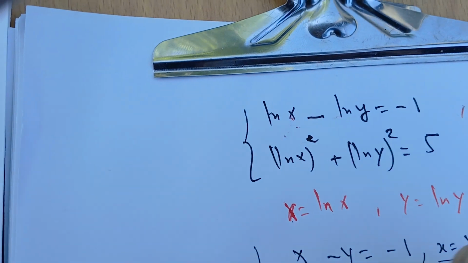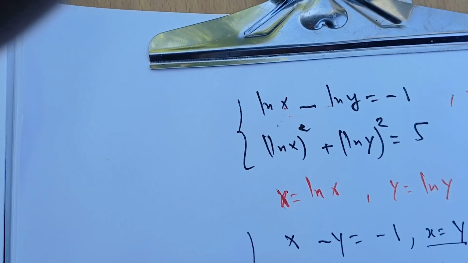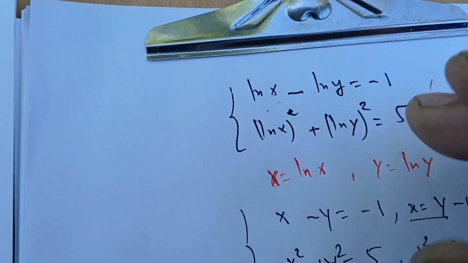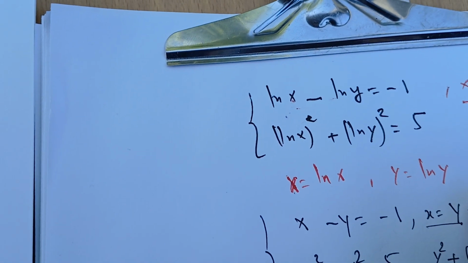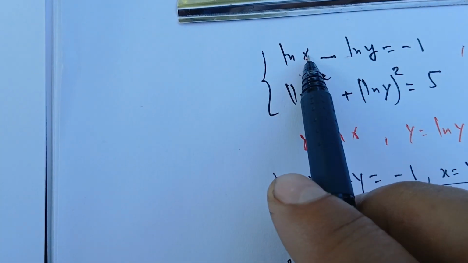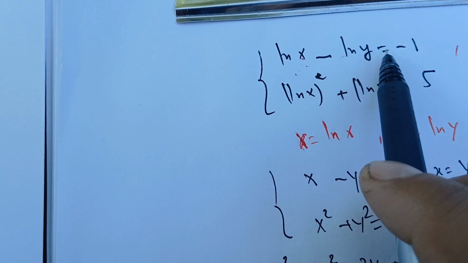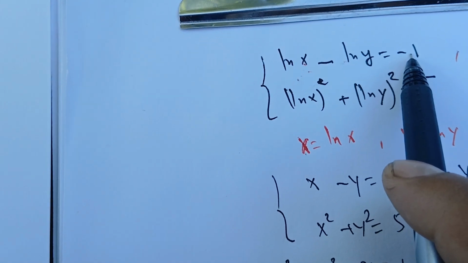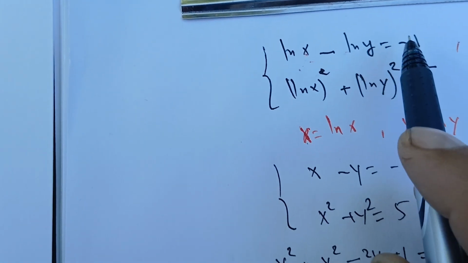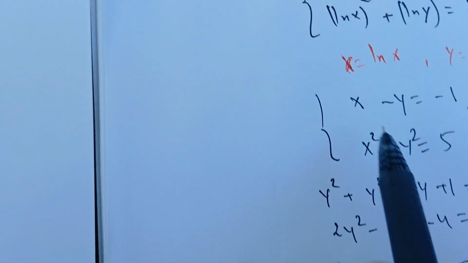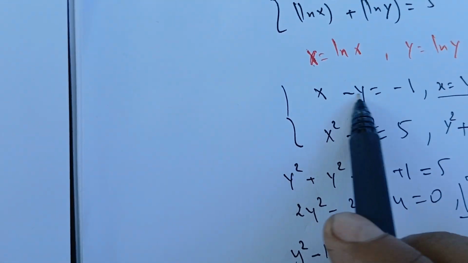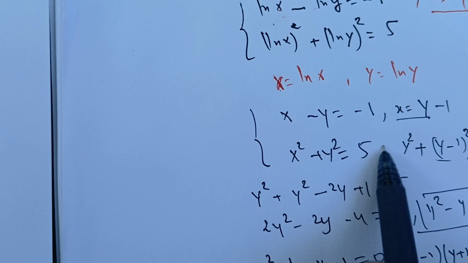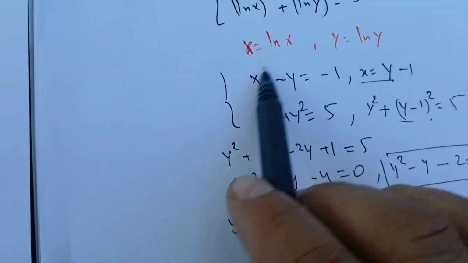Okay? There are other ways to do this system, but they will require a lot of work. You can transform this one by saying the log of x over y is minus 1. You can do that one too. I'm using this one as a simple solution, because this one we know how to do very quickly and efficiently.